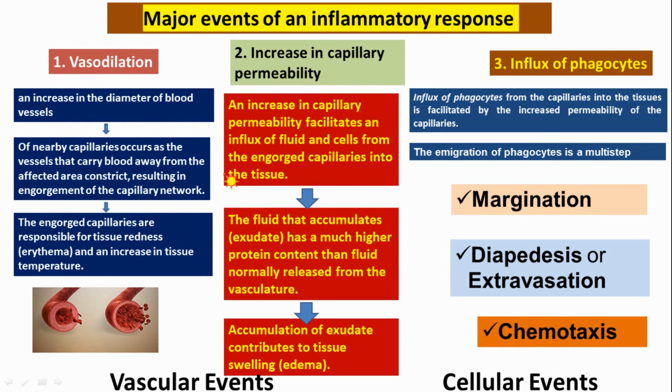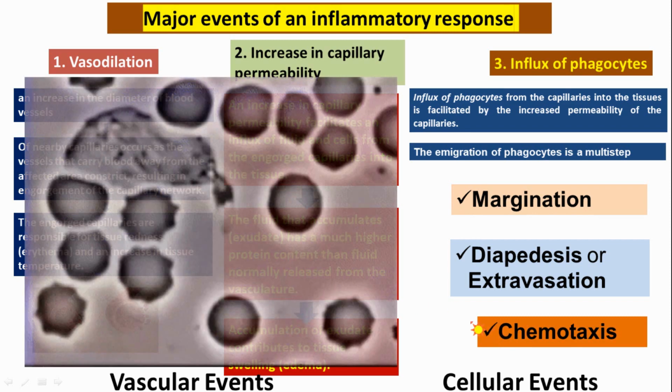The injured tissue during inflammation secretes lots of chemical mediators, and there will be a gradient of these chemical mediators from the site of infection towards the capillary walls. These cells will start sensing those chemical mediators and will start moving towards the injured tissue. That is called positive chemotaxis. So what happens in positive chemotaxis?